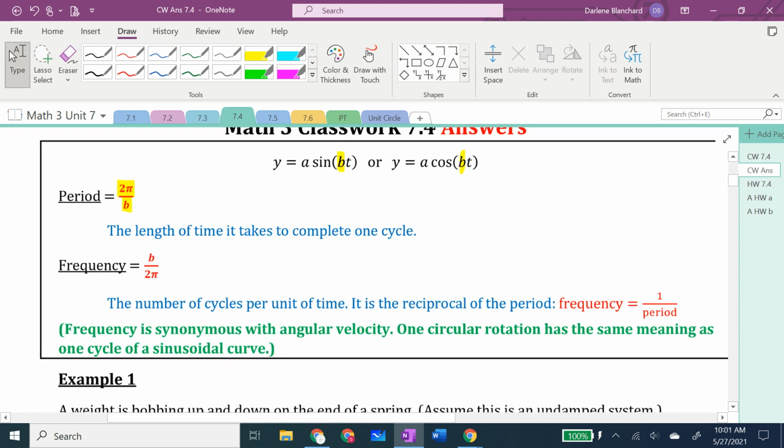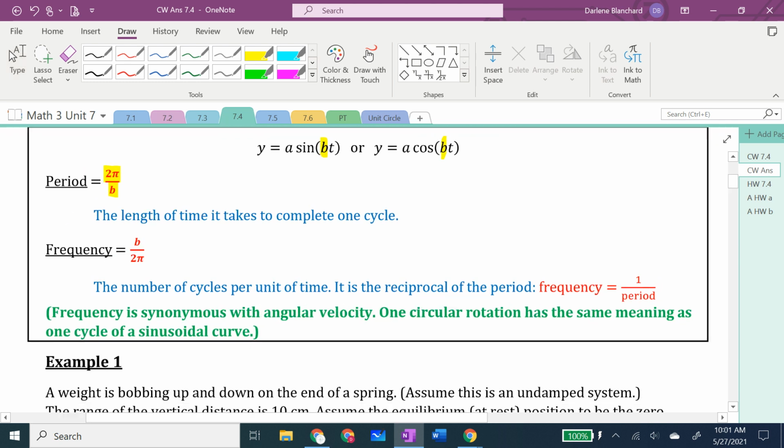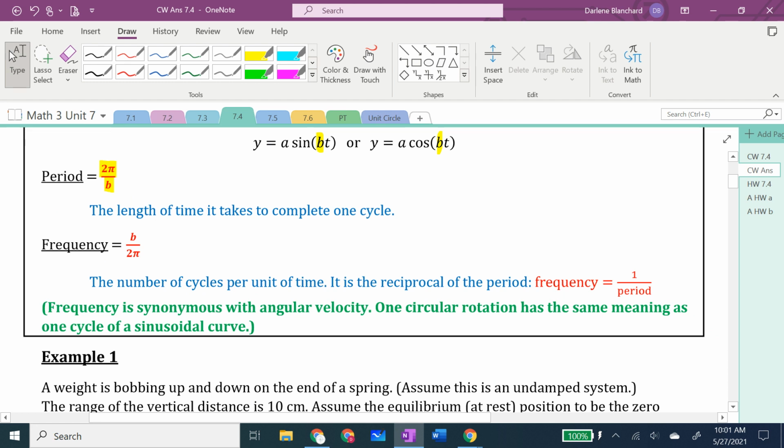But it's helpful to be aware that frequency is the same thing as angular velocity. One circular rotation is one cycle.